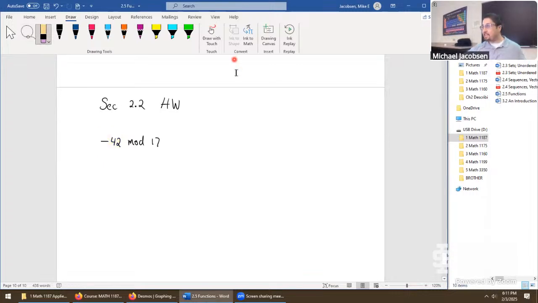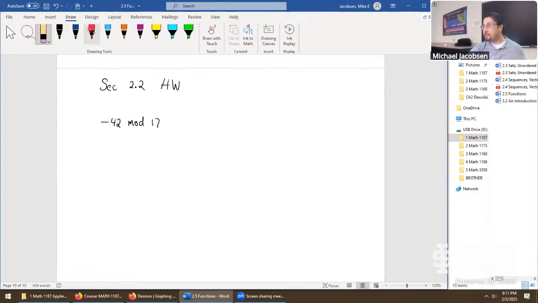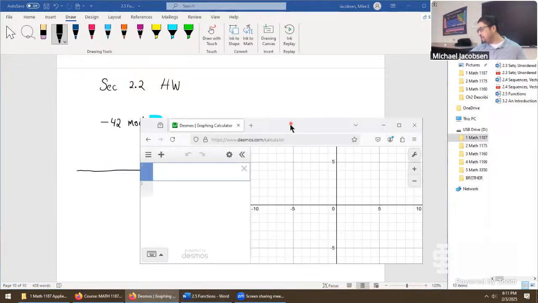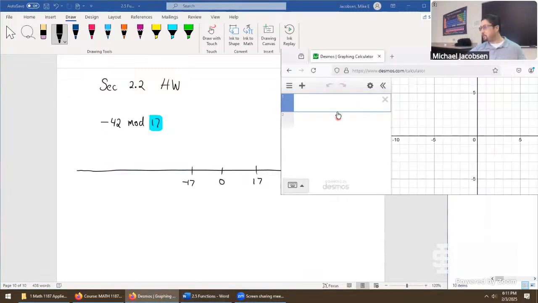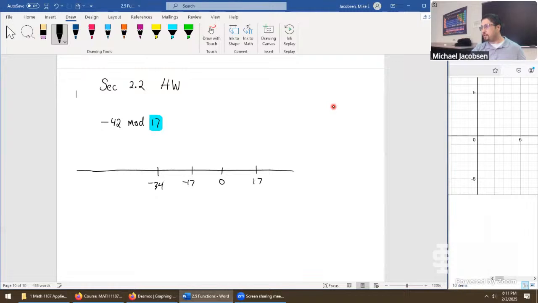Let's take another look at this from a second point of view. First thing we would do is look at this. We're interested in the multiples of 17, so let's place some down. We have 17, 0, negative 17, and I had a sensation that I was going to need a calculator today. Negative 17's second multiple going this direction would be negative 34.